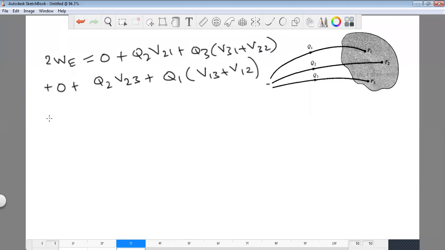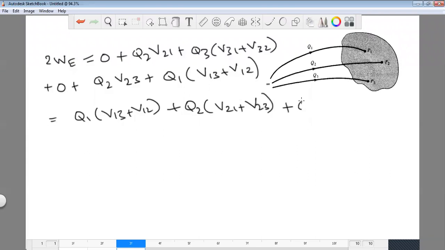By adding all the values, Q1 V13 plus V12 plus Q2 V21 plus V23 plus Q3 V31 plus V32. So this is the complete equation.